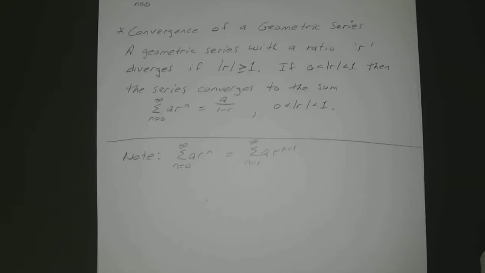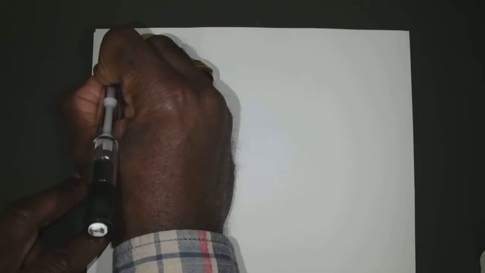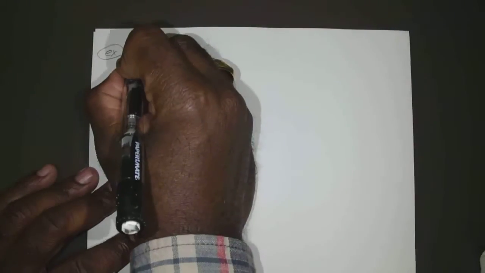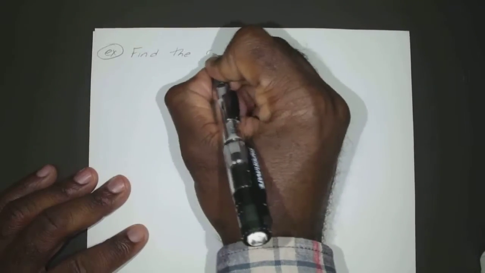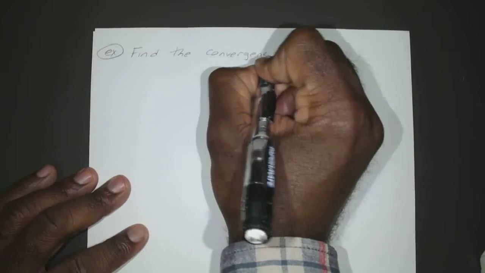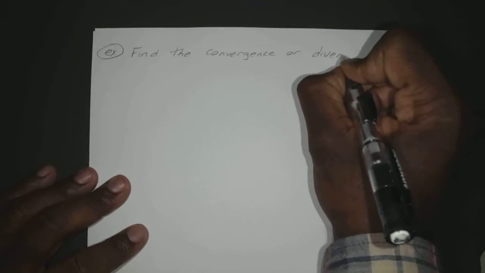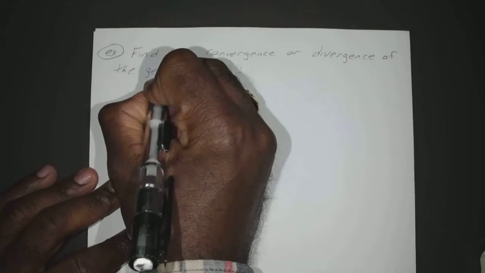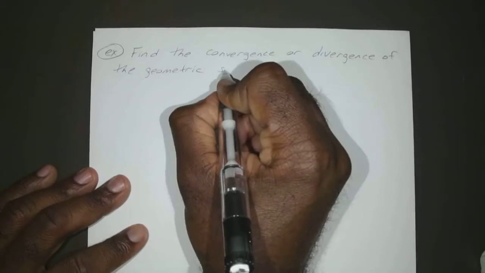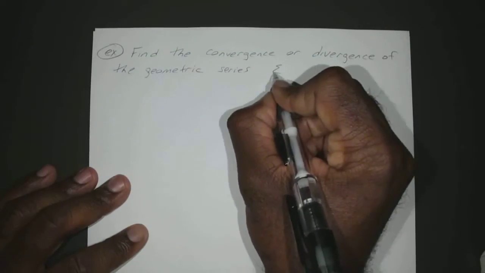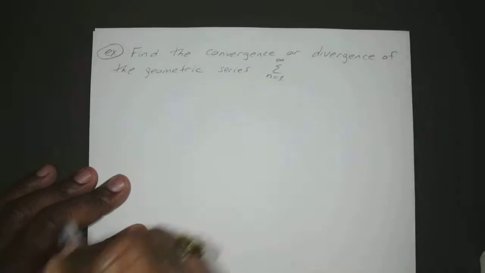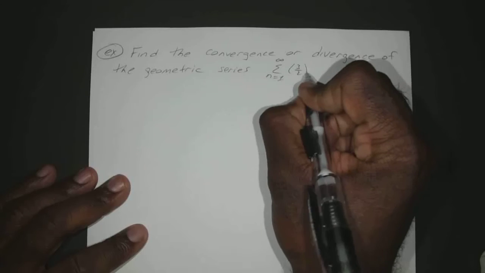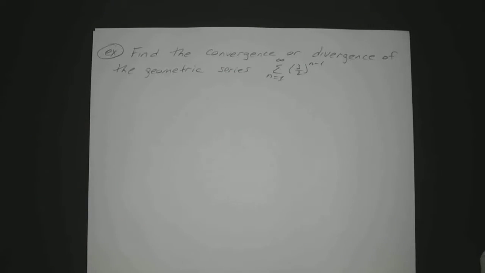All right, so let's say, for example, okay, so find the convergence or divergence of the geometric series sum from n equals 1 to infinity of 3 over 2 to the n minus 1 power.